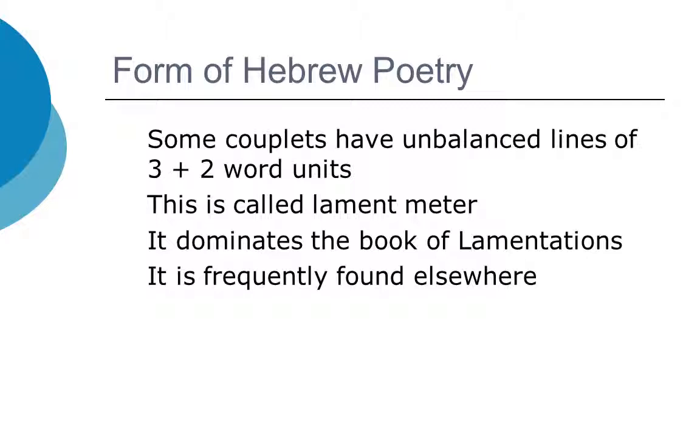So when we look at poems of lament, often this meter is used, and it helps create the atmosphere of the poem when the second line stops short. This dominates the book of Lamentations, and as we will see in Psalms, there are a number of lament psalms.